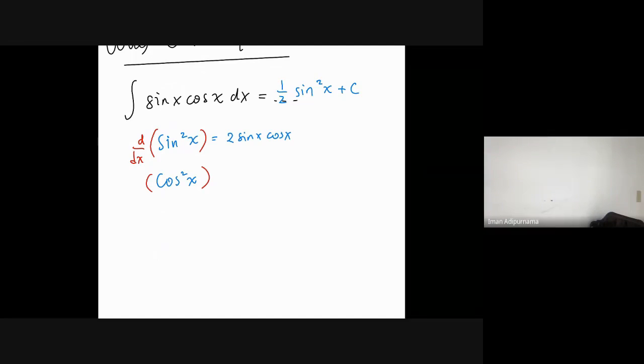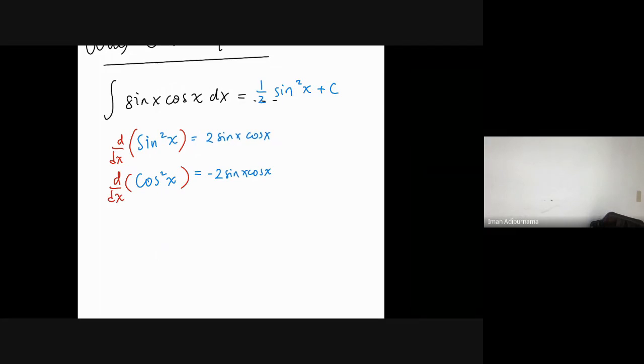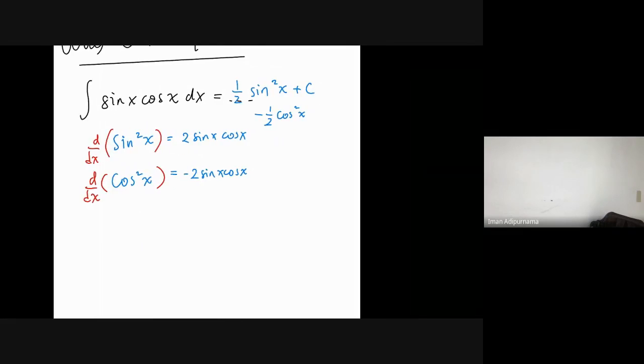Because if you differentiate this, it becomes negative 2 sine x cos x. So we can have negative half cos squared x, and it's also plus c.